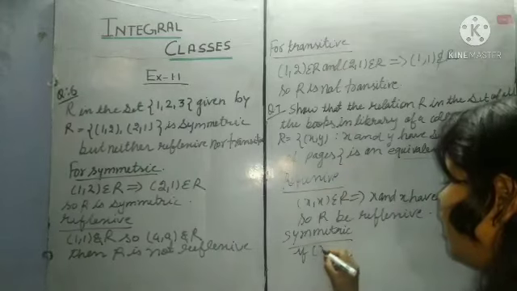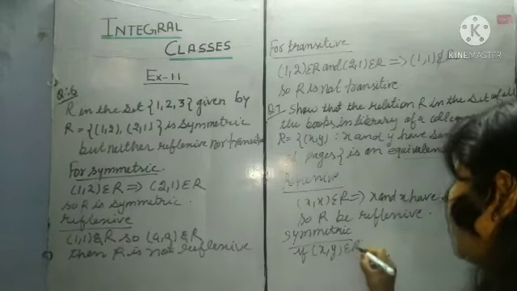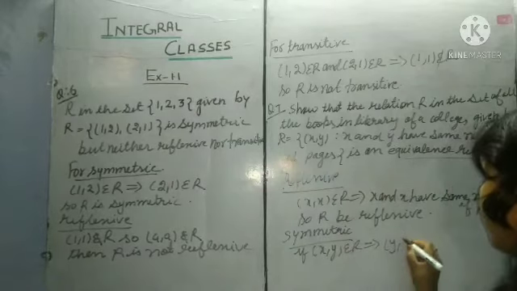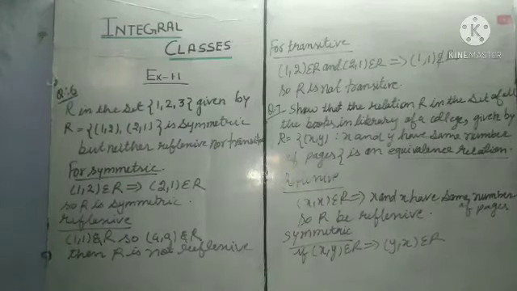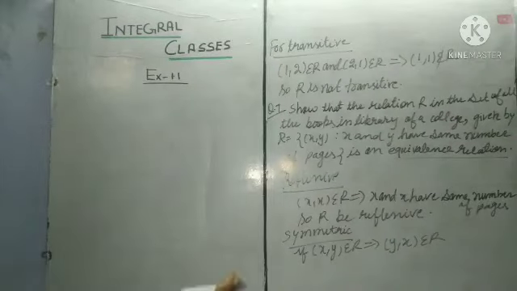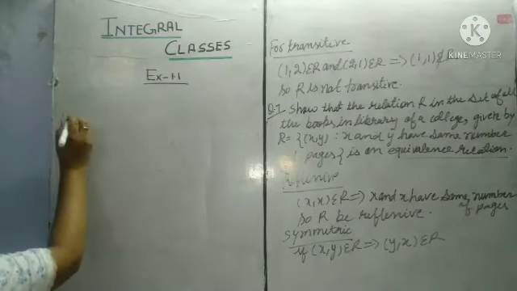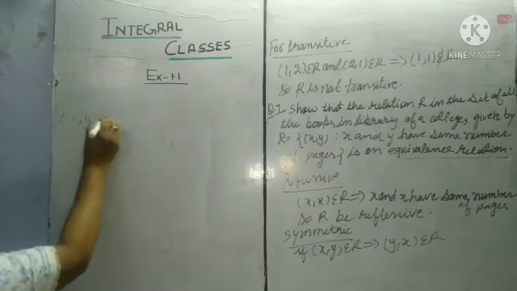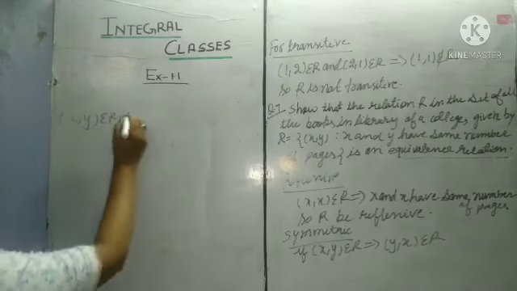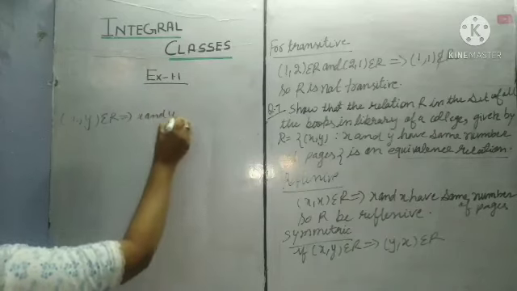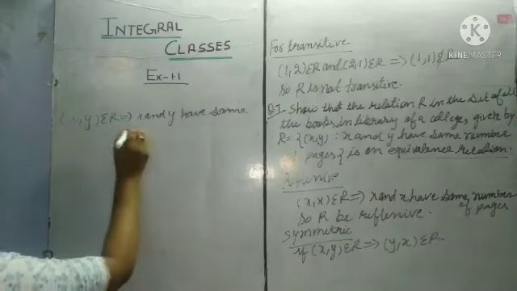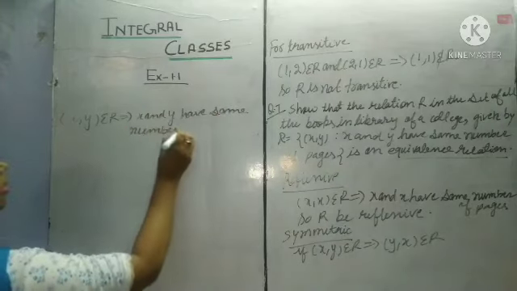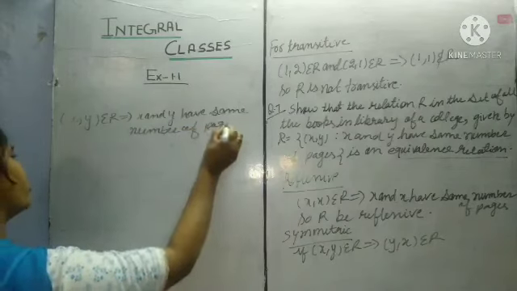If (x, y) belongs to R, then (y, x) also belongs to R. For symmetry, (x, y) belongs to R, so x and y have the same number of pages.